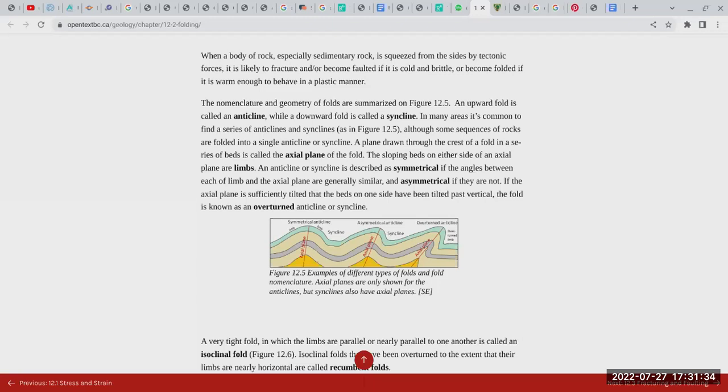If it is cold, if it is brittle, when it is squeezed by some tectonic activity, it is going to fracture or become faulted.